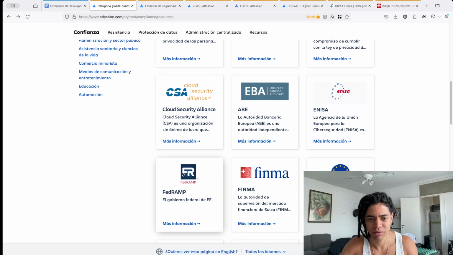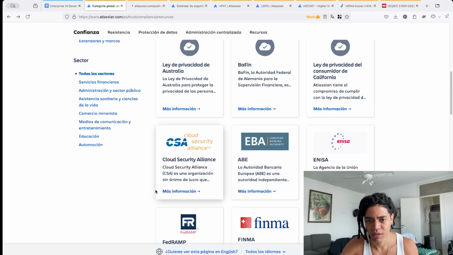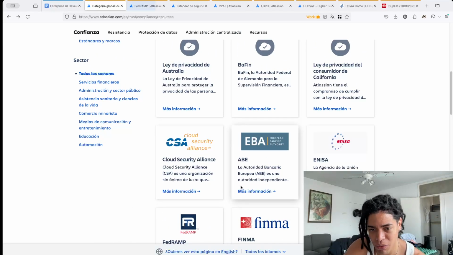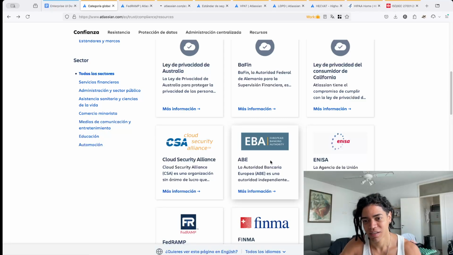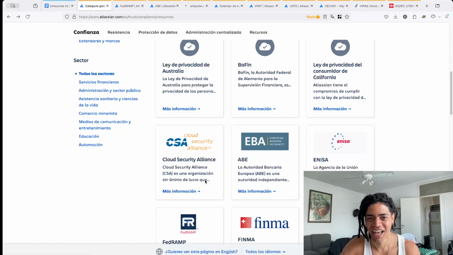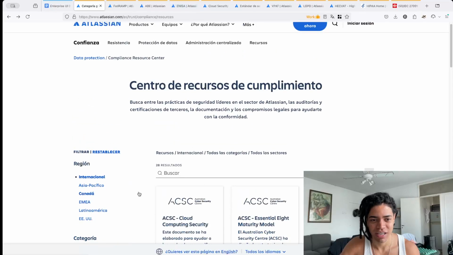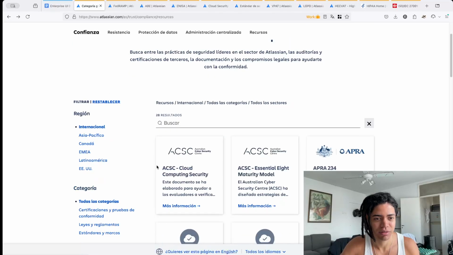El gobierno. European Banking Authority. Holy moly, Atlassian is bombarded. This is international.